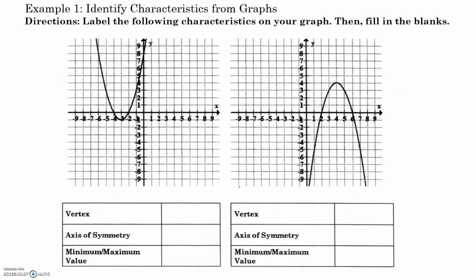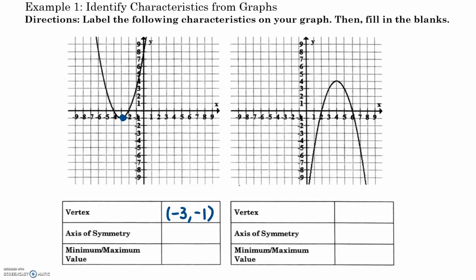Let's try a couple of examples. Looking at the example here on the left, let's identify where the vertex is first. You should have found that the vertex is the point -3, -1. Now let's identify the axis of symmetry.